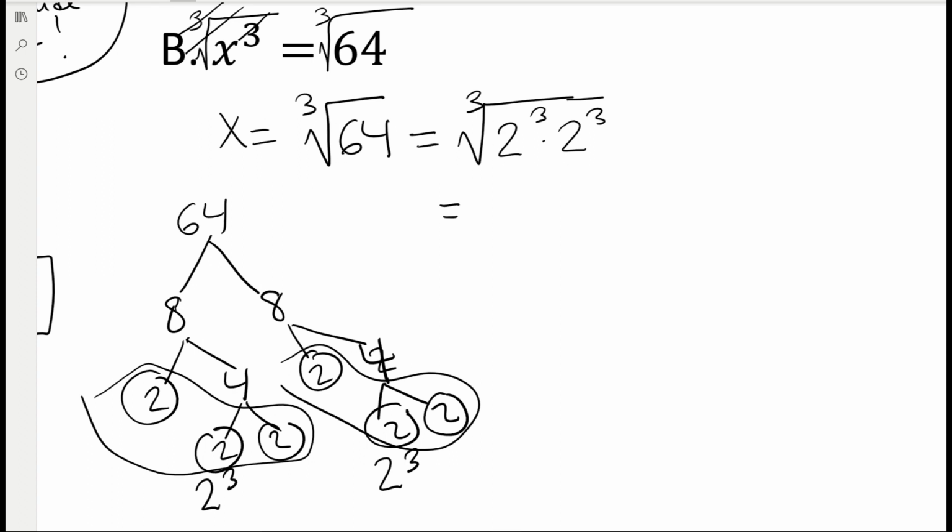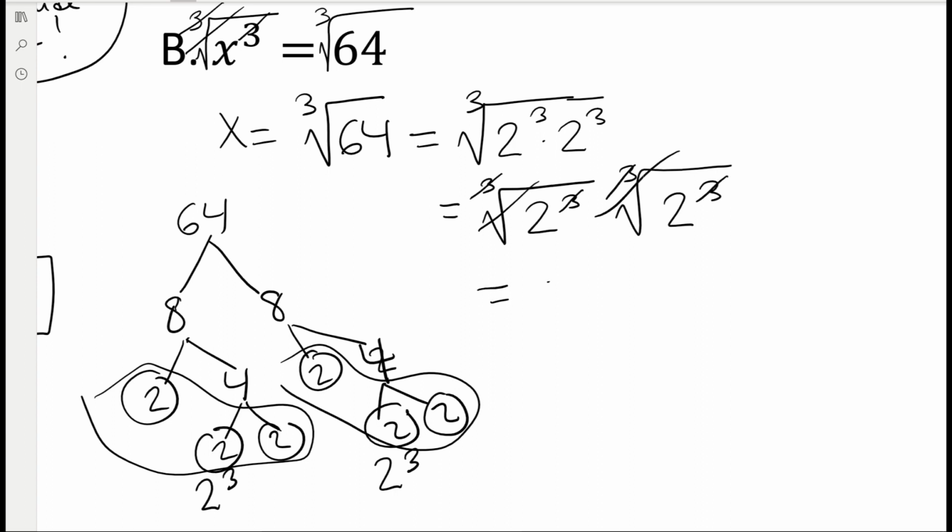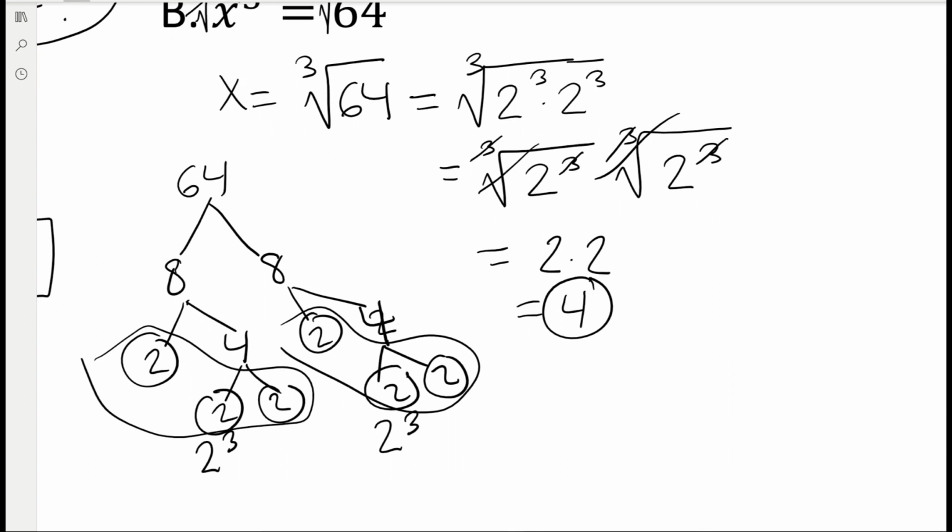So what I can do is split this radical into 2 separate things. One for this 2 to the 3rd and the other one for the other 2 to the 3rd. And so now, this 3 cancels out here with the radical, and this 3 cancels out with the radical here. So I'm left with basically 2 times 2, which is 4. So essentially when you're factoring the number, the index tells you how many of that number you're looking for.